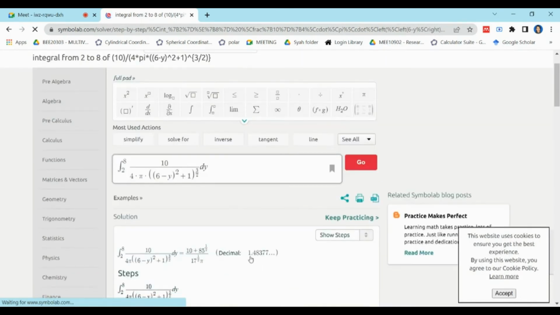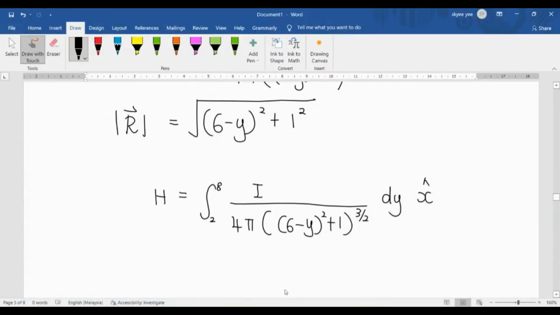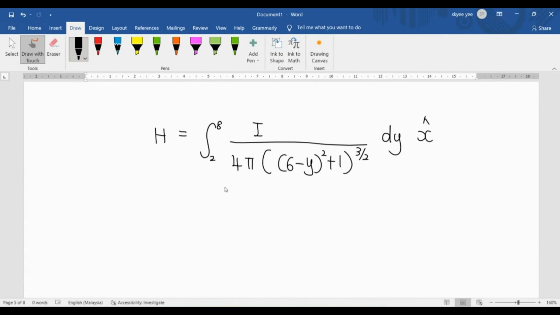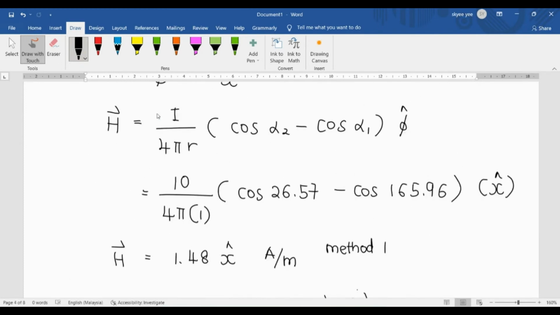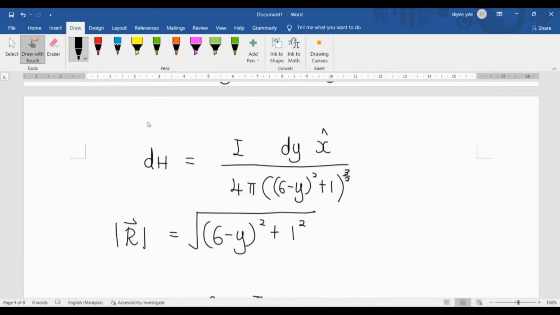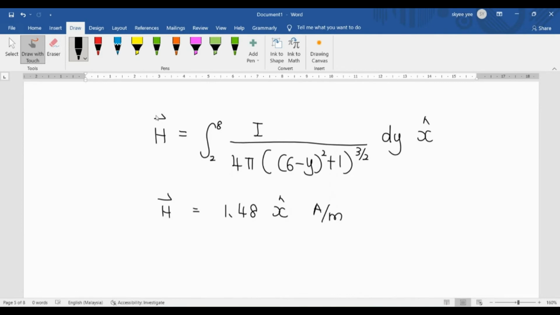You can get the answer 1.48, so 1.48 in the x direction, ampere per meter. The same, right? 1.48. So this is the answer for method 2.